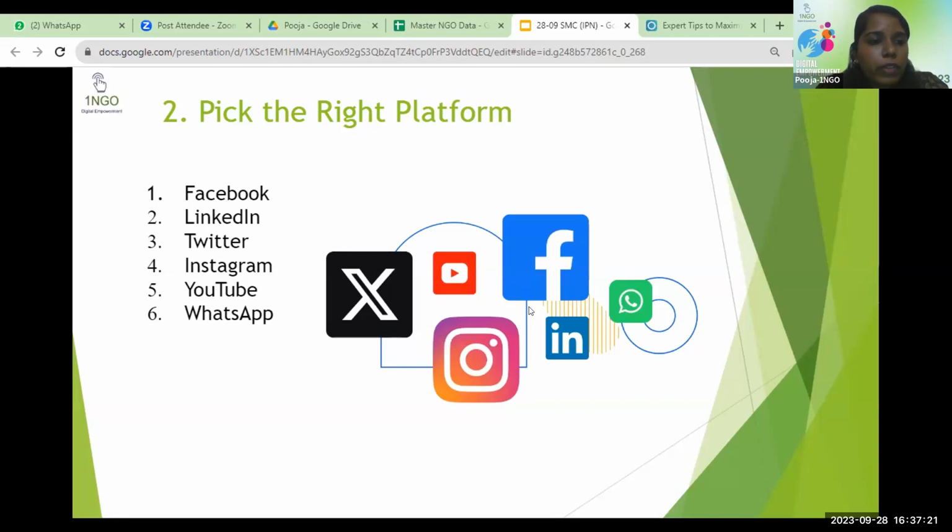So why do we use Facebook? Facebook is a platform where you can share images, videos, texts, or events or fundraising things, right? What you can also do on Facebook is create short videos that are attention grabbing, and you can put up headlines for the content creation.